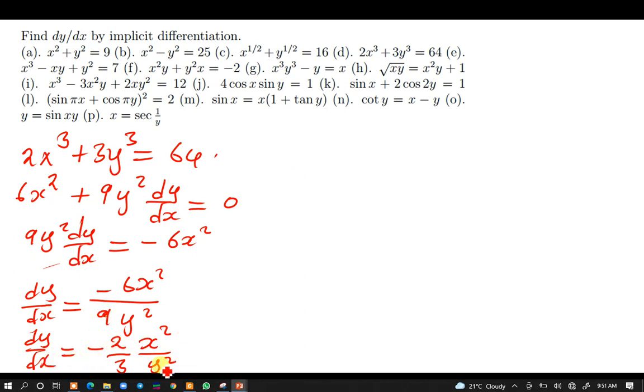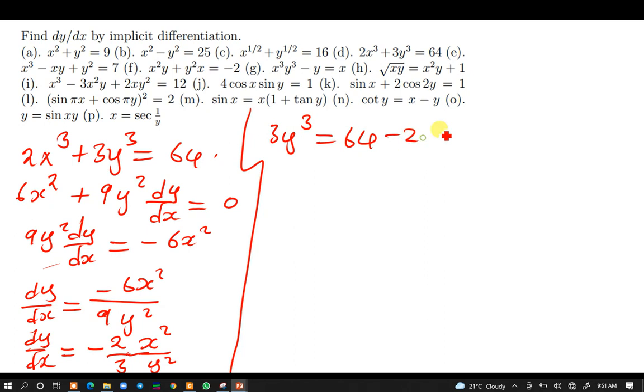So you can either leave it like this, or you can simplify it further by making y the subject of the formula. So when we make y the subject of the formula, first we take this 2x to the power 3 to the other side of the equal sign, so that we remain with 3y cubed this side is equal to 64 minus 2x cubed.